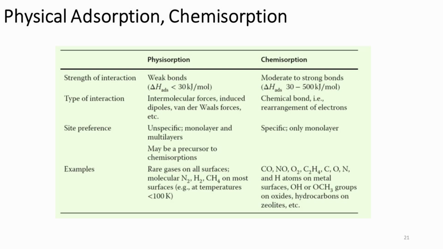Other distinctions between these two extreme types of adsorption devolve upon the temperature at which adsorption takes place and its specificity. Physical adsorption occurs only at temperatures close to the boiling point of the adsorbate, whereas chemisorption has no such restriction.